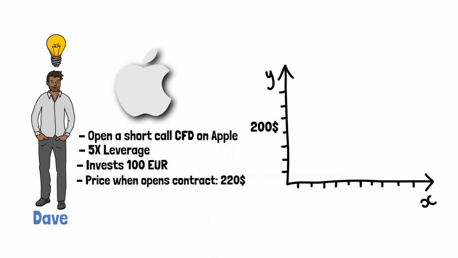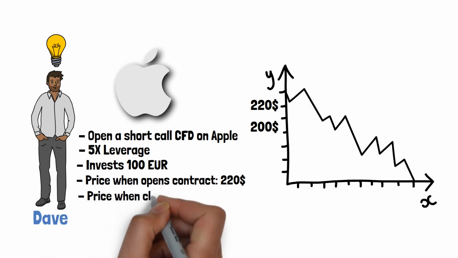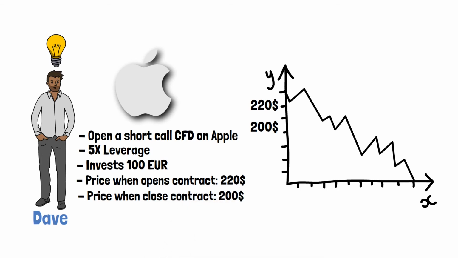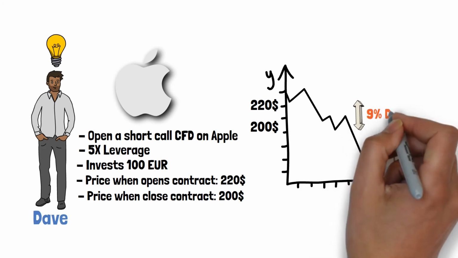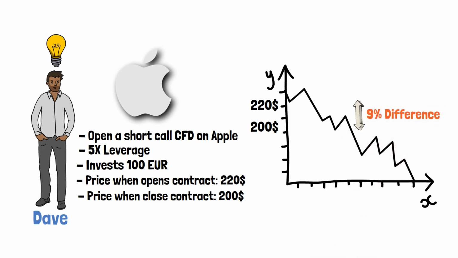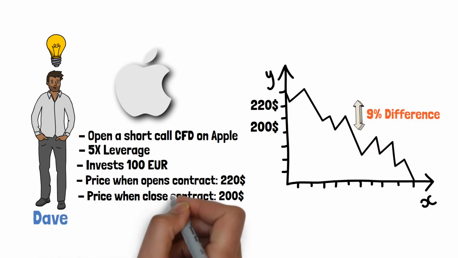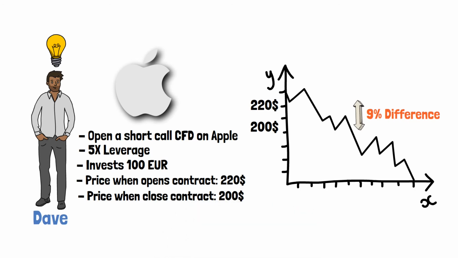After a couple of days, the market seems to agree with Dave's prediction, and Apple shares are priced around $200 now, meaning a 9% decrease from when the CFD was opened by Dave. He decides to close the contract, and we'll see now how much he made in profit with this operation. Do you remember that the decrease in value was of 9%?